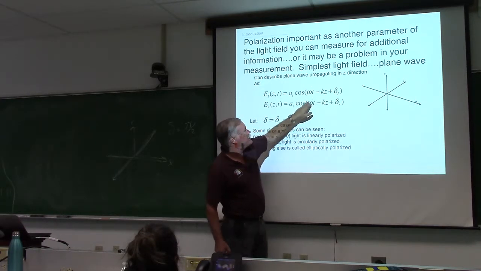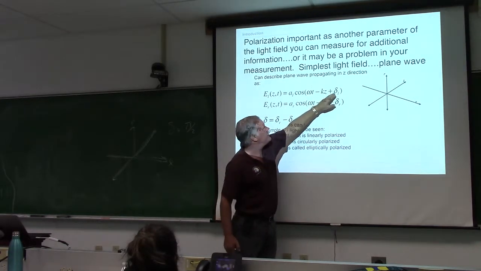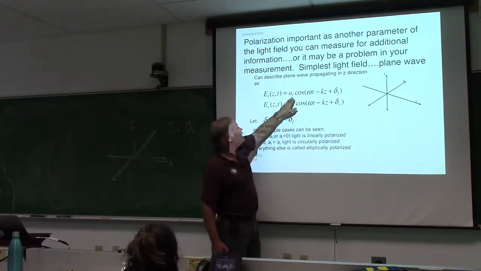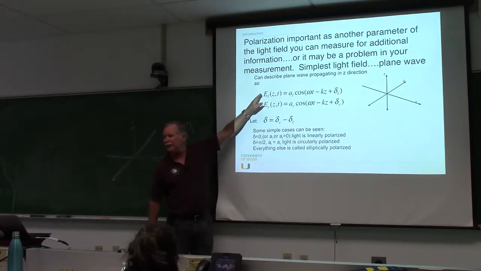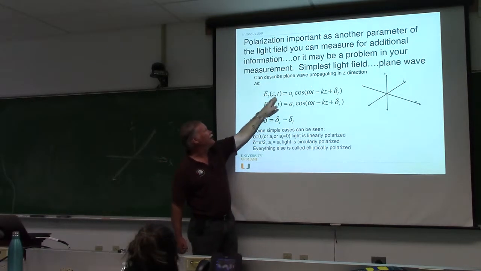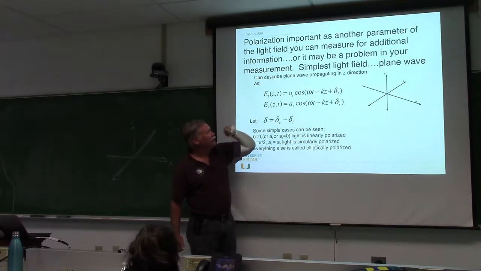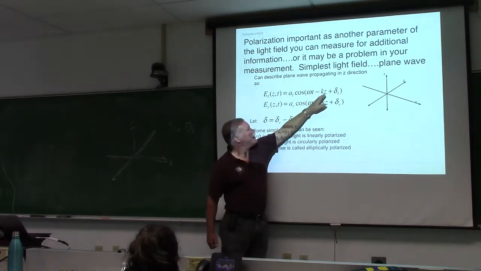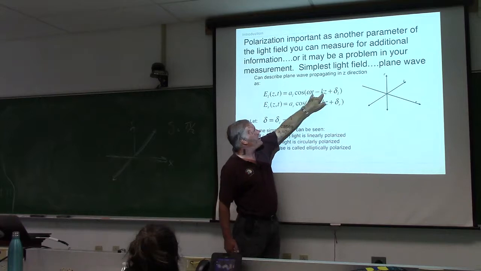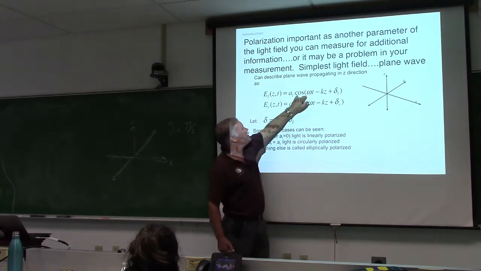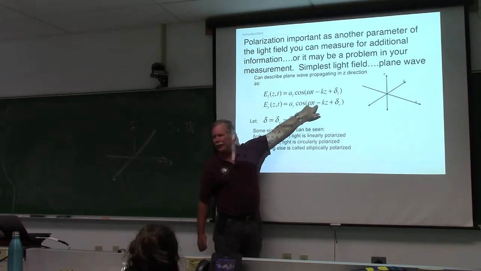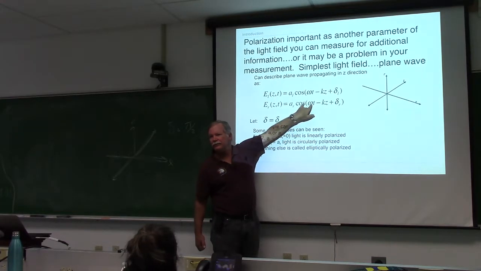So at time t equals 0, if this is 0, this is 0, that's 0, then what's the amplitude at EL? It's just AL, whatever AL is. Let's make AL and AR equal to each other. So at time t equals 0, this one is 0, so it becomes AL. What does this one become?